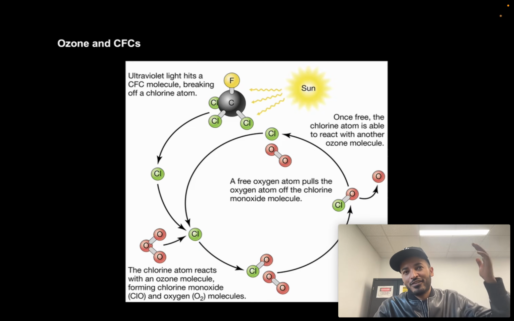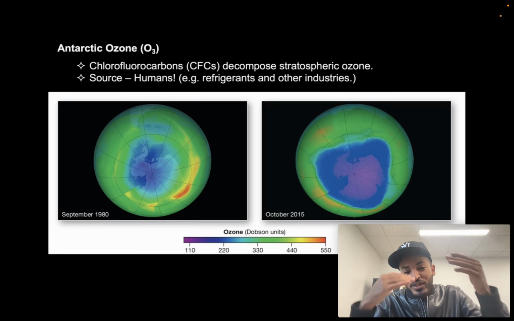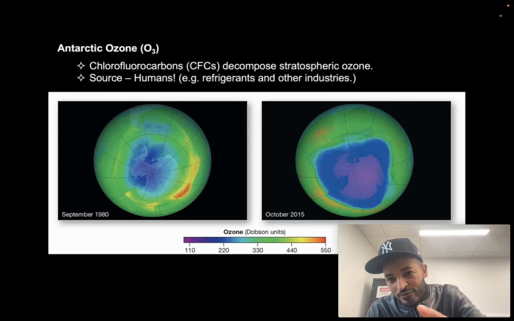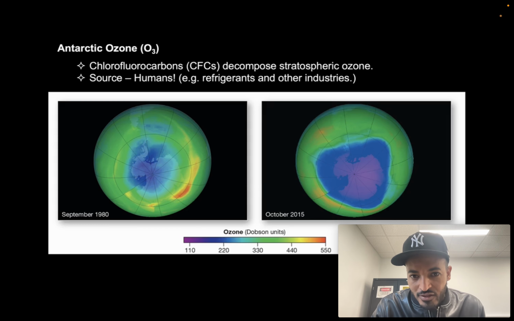So we don't really have enough ozone. We are still recovering, right? Enough ozone to protect us in some places from the harmful UV radiation. So this is a very, very important crisis.